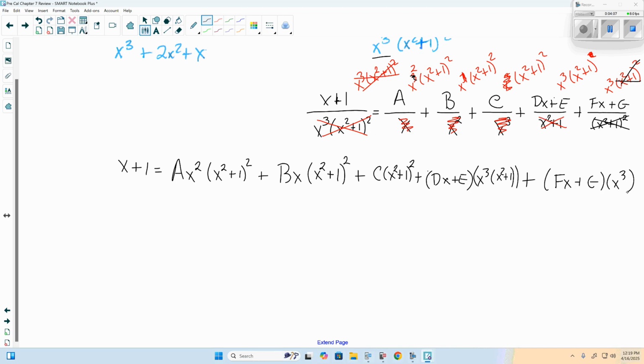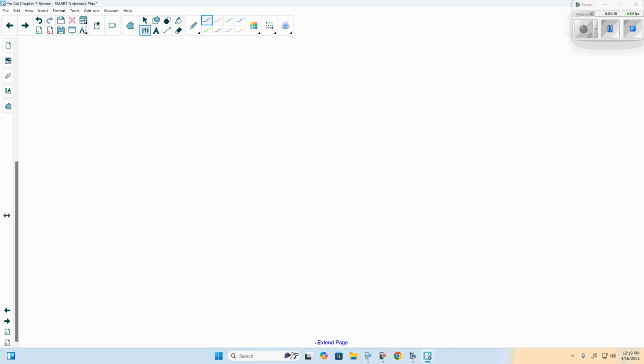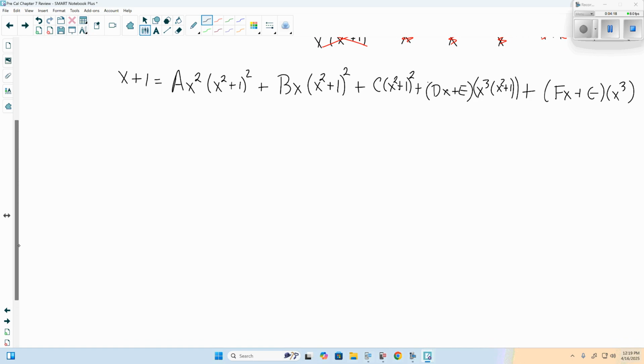So this one here is one of the longer ones and a lot more steps to it. In problems like this here, it is going to be important to keep track of all your terms.